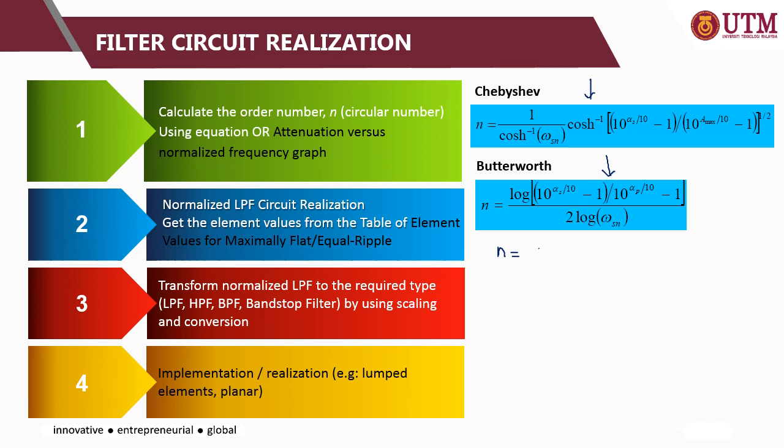For example, if n is 1.05, then your n should be equal to 2. Why do you need to consider the higher number? It is to make sure that the remaining part will be filtered as well, because some information may be included in this smaller region. Therefore, to account for a complete transmission, you need to round up the filter order number n to the next higher whole number.